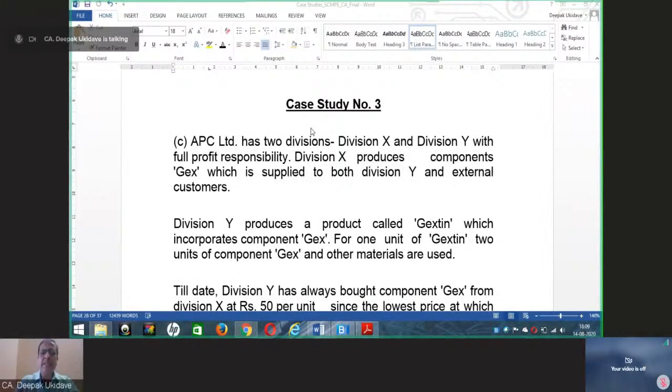When you accept the offer of the external supplier at rupees 47 per unit, that means 2 units, 94 rupees. So overall profit for the company has reduced from 75,20,000 per annum to 40,80,000 per annum, and the reduction in profit is therefore 34,40,000 per annum.